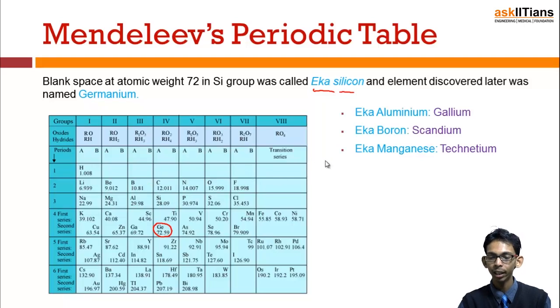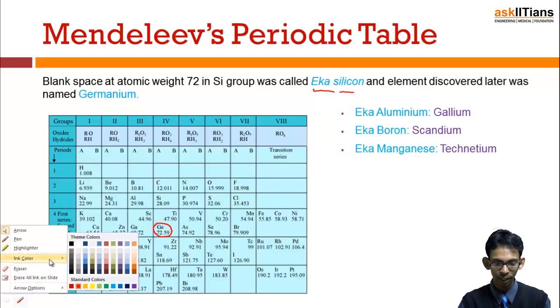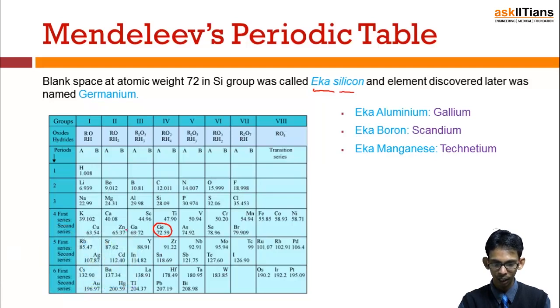Next is Eka aluminium, similarly another element for which the space was left in the aluminium group, like this element Eka gallium. It was known as Eka aluminium, and now it is called gallium after discovery.